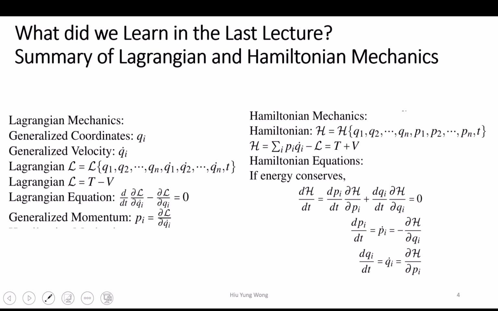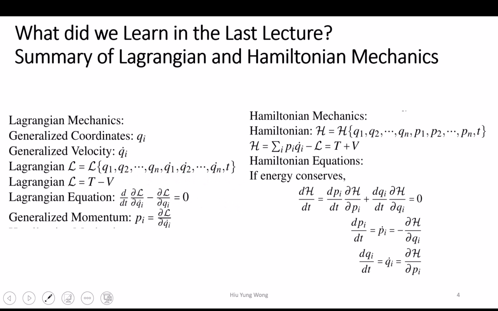So we have coordinates, we have velocity, and someone came up with something called the Lagrangian. They are super smart. We don't need to understand how they came up with this, right? But the point is that this Lagrangian depends on the coordinates and also the velocity and the time.